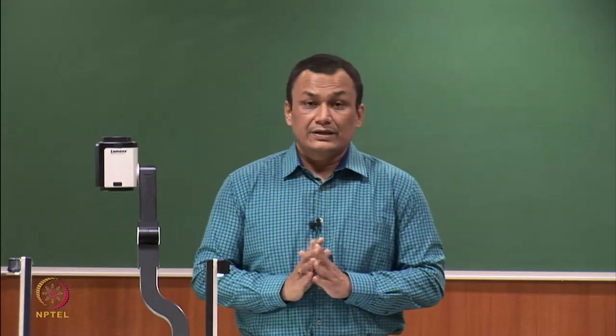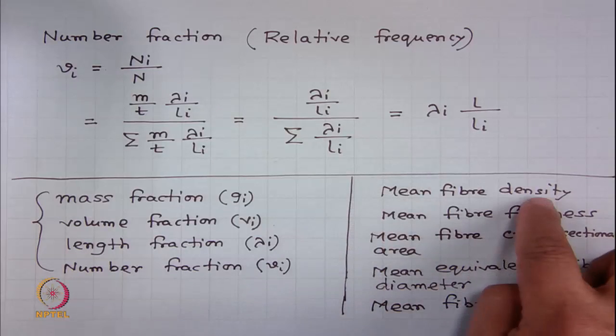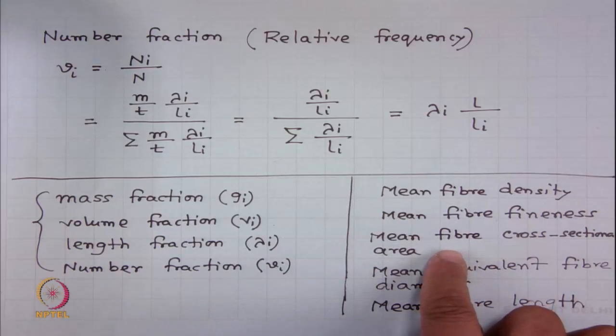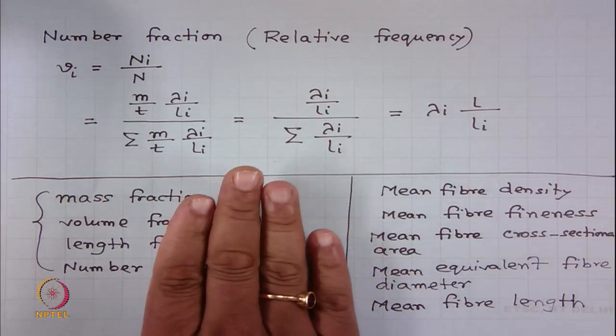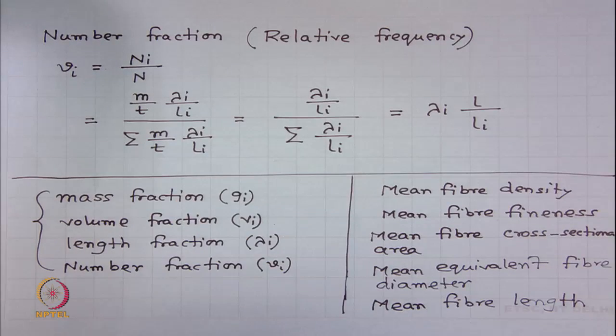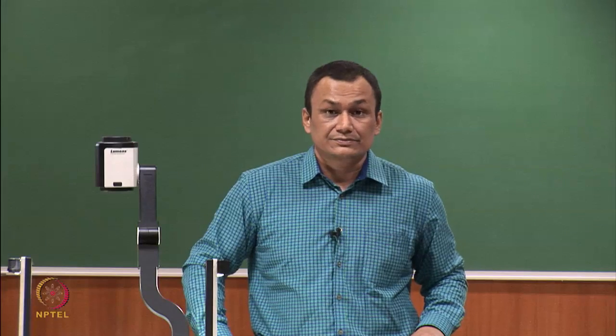So, a blend can be characterized comprehensively in terms of these 5 characteristics: mean fiber density, mean fiber fineness, mean fiber cross sectional area, mean equivalent fiber diameter and mean fiber length, as well as in terms of these 4 fractions: mass fraction, volume fraction, length fraction, number fraction.